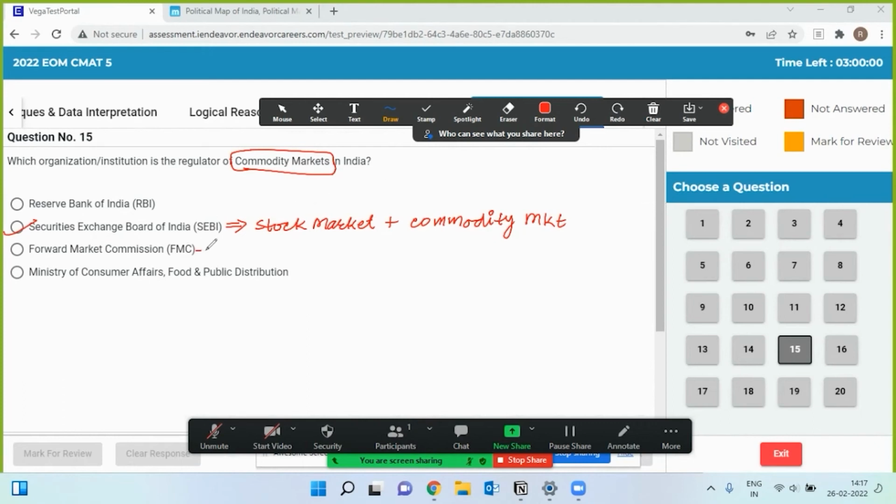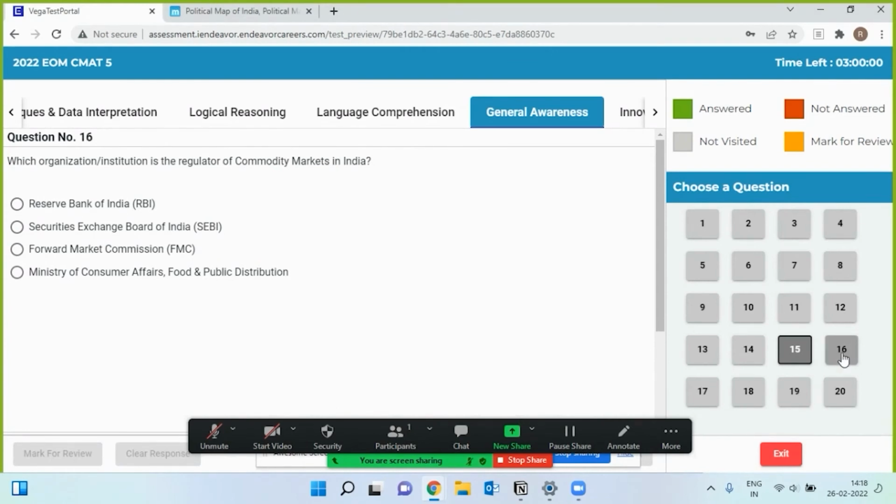Forward Market Commission was merged with SEBI in 2015. After 2015, SEBI is regulating both stock market as well as commodity markets.